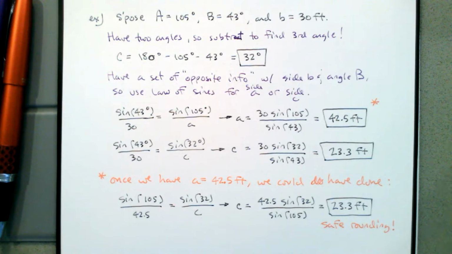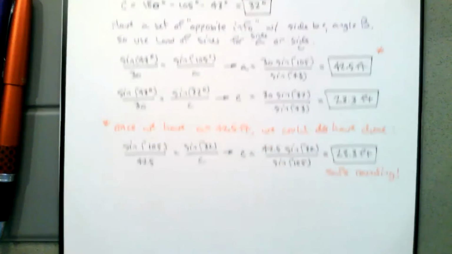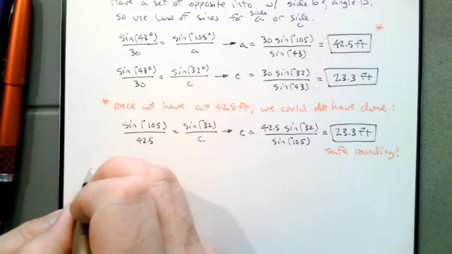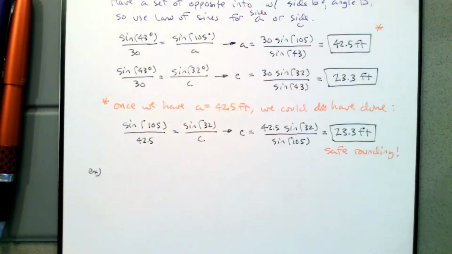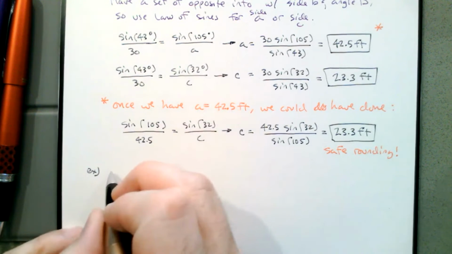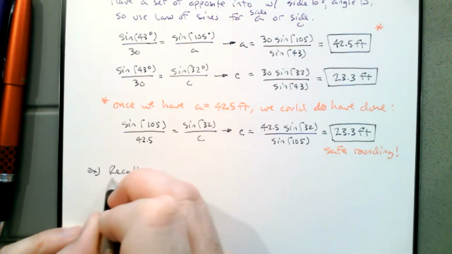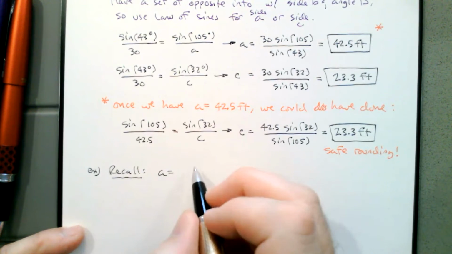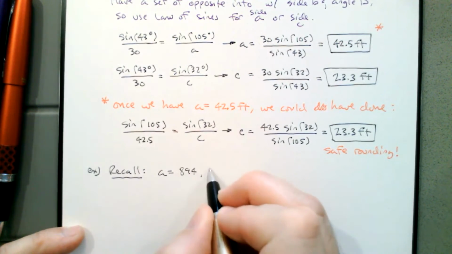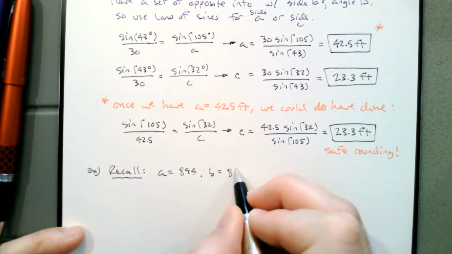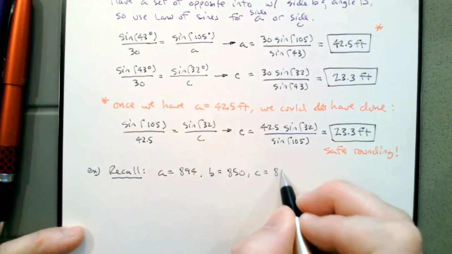If you recall, last time we started off with the law of cosines. One of the examples from last time, I had 894 for A, B is equal to 850, and C is equal to 810.